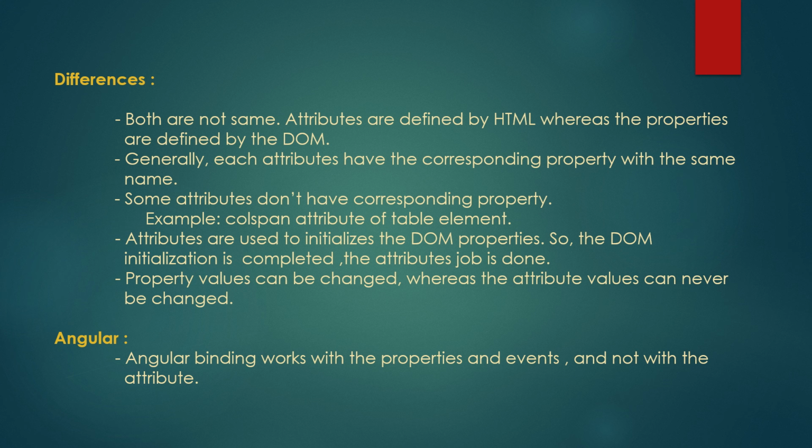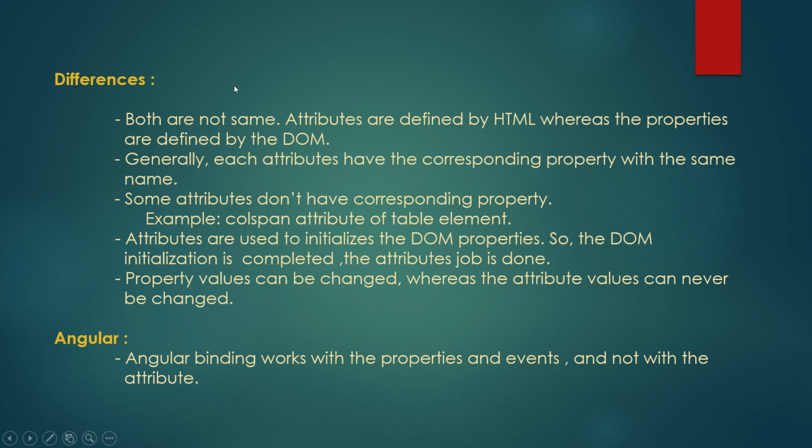We are not changing the attributes of HTML elements. As we discussed, some attributes don't have a corresponding property in the DOM. For example, the colspan attribute of the table element doesn't have a corresponding property in the DOM. In such cases, Angular uses attribute binding, which we are going to discuss in another video.